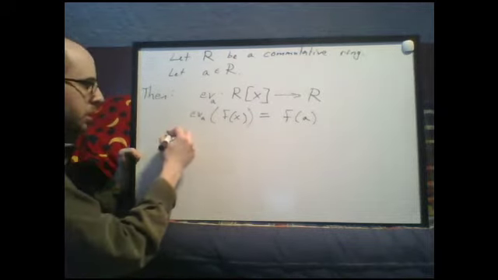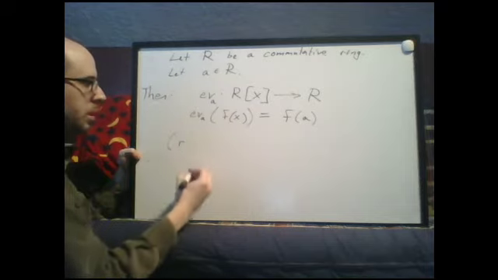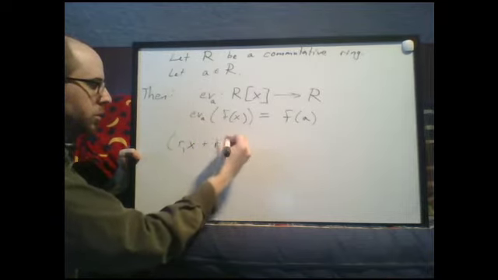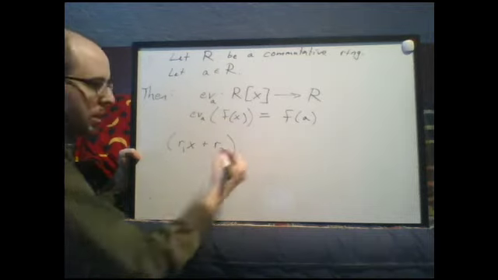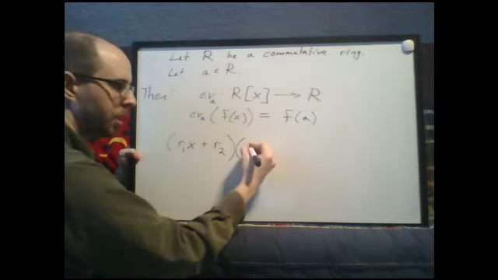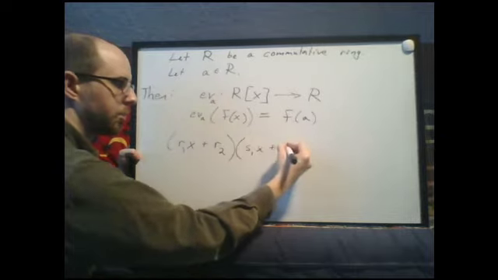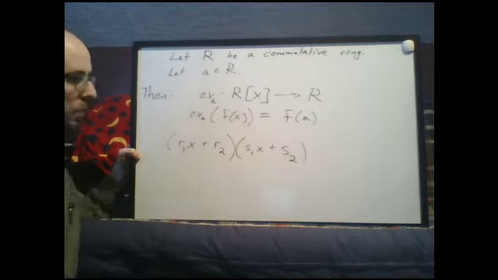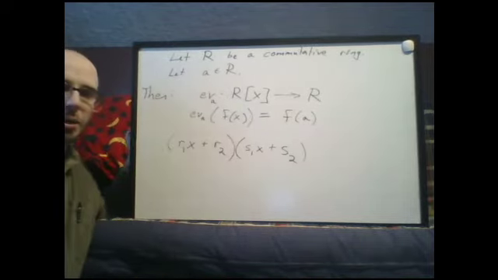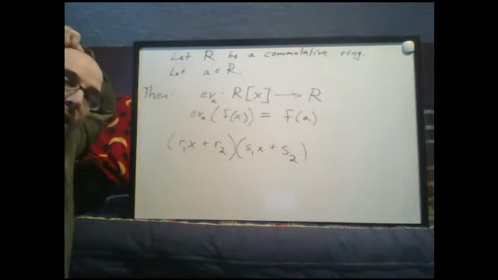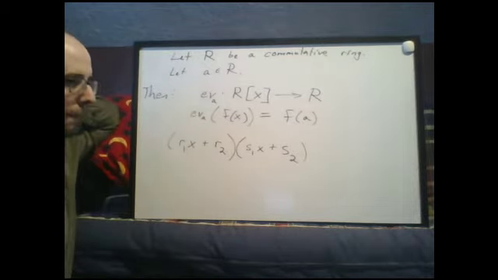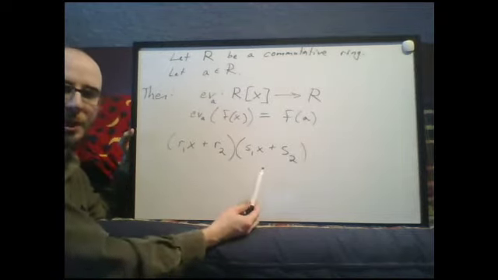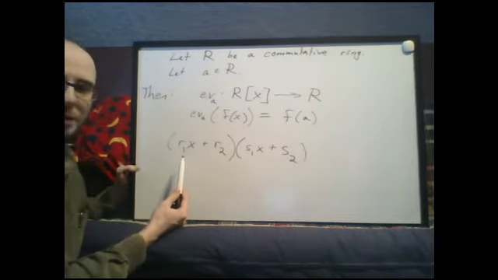So suppose I have two of these things. We'll say R1x plus R2. So there's one polynomial. And I have a second polynomial like S1x plus S2, where these R's and S's are just coefficients coming from the ring R. Okay, so if I multiply these polynomials, I haven't plugged in anything for x yet. I just take these as polynomials and I multiply them first. I basically use the FOIL method.